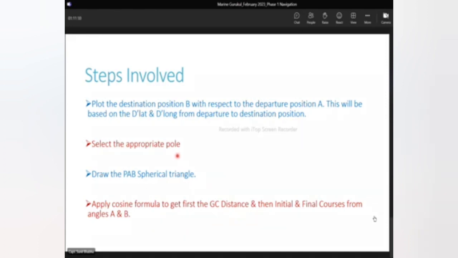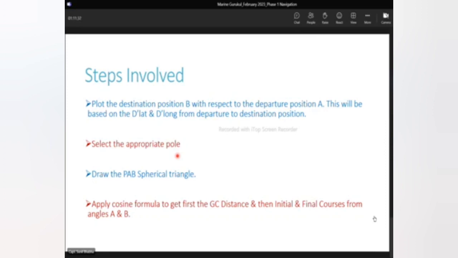Now how do we select the pole? If both the positions are in the same hemisphere, north hemisphere or south hemisphere, then whichever hemisphere the positions are, the pole which is selected is also of the same hemisphere. If both our positions are in the north hemisphere, we will be picking up the north pole for our PAB triangle.